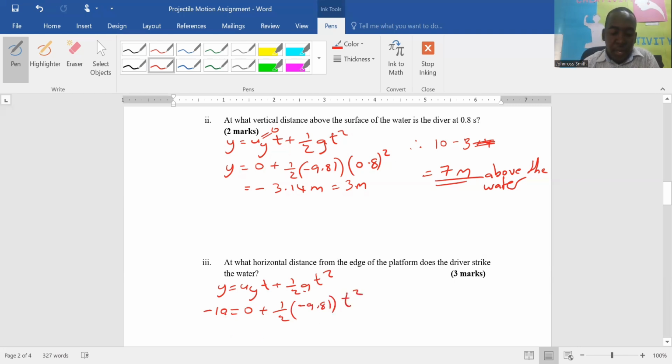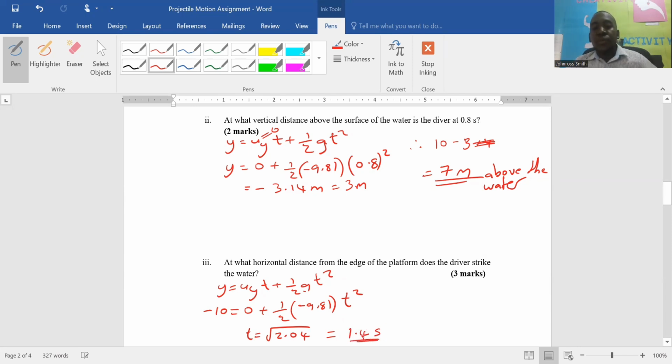So what we do is to find half of 9.81, and then we divide 10 by 4.905. Then we square root that, so it becomes square root of 2.04, which is, all right, let's go 2 sig figs, that's 1.4 seconds.